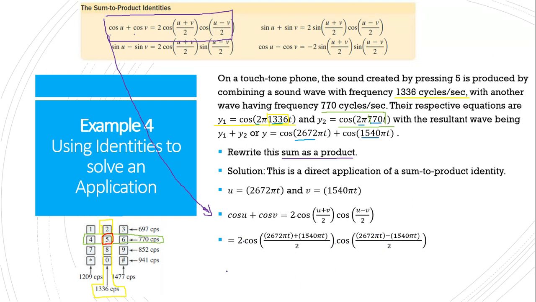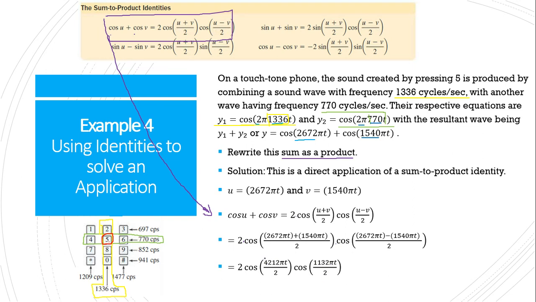Now let's do some algebra. 2,672 plus 1540 reduces to 4,212. 2,672 minus 1540 results in 1,132. They both have the units of pi t, so make sure you keep that. The result is 2 times cosine of 4,212 pi t over 2 times cosine of 1,132 pi t over 2.